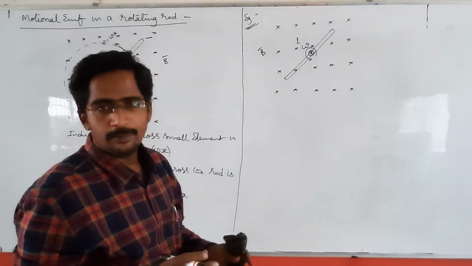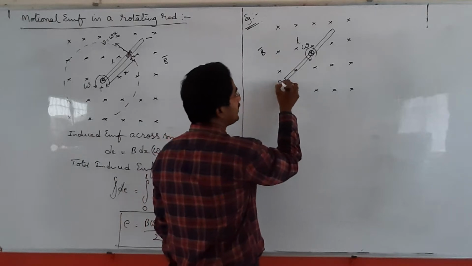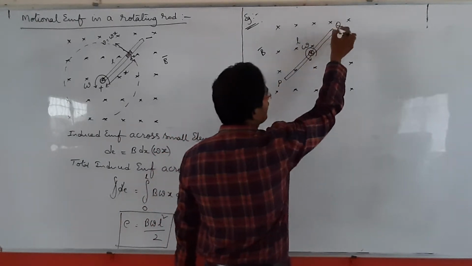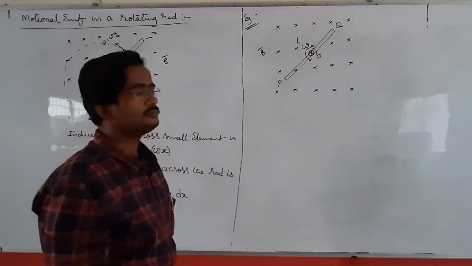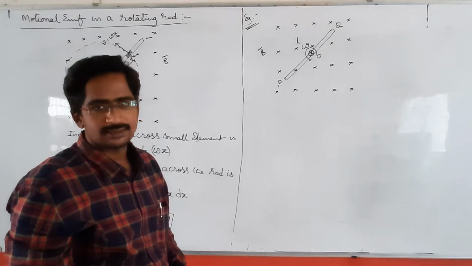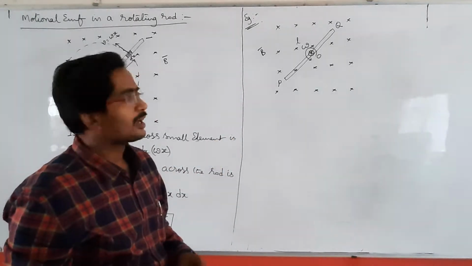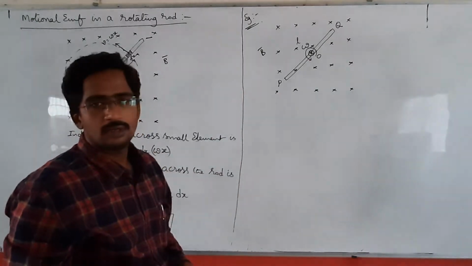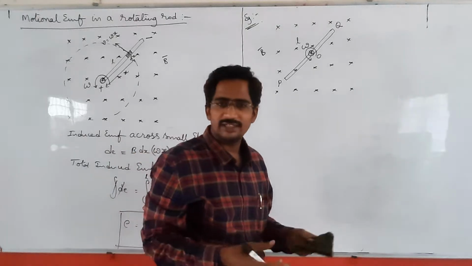That means we want to write it down for different points. The points I am marking are P, Q, and the center of the rod, which I am marking as O. Now let's find the potential difference across P and O, across O and Q, and across P and Q. So this is our question here.